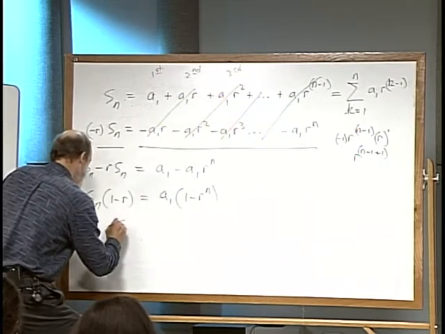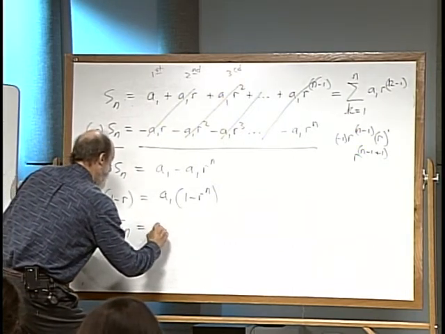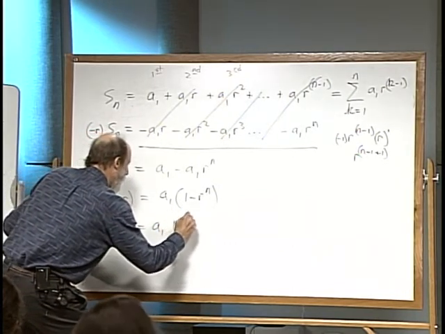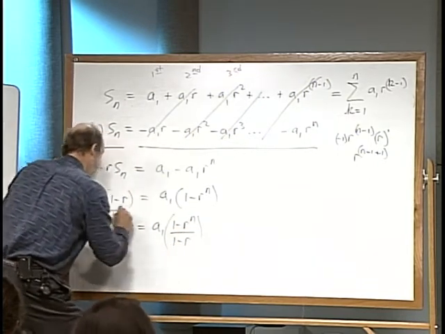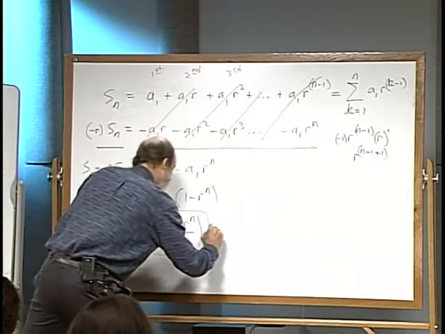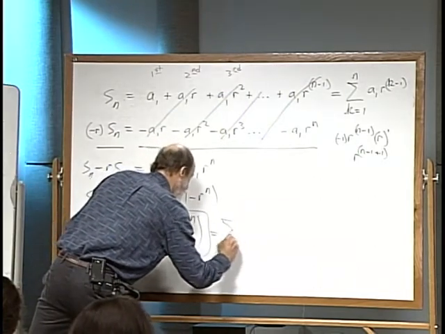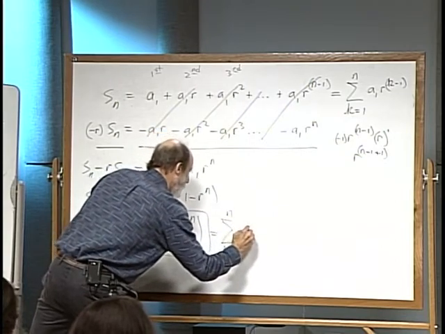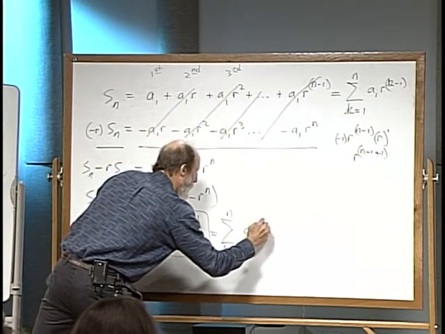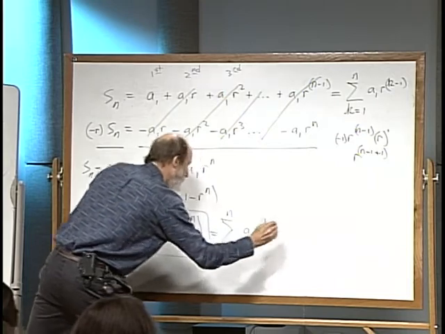You got it. So we have a sub 1 times 1 minus r to the n over 1 minus r. There we go. And this is equal to, in sigma notation, where our index is 1 to n, of this a sub 1 r raised to the k minus 1. There we go.